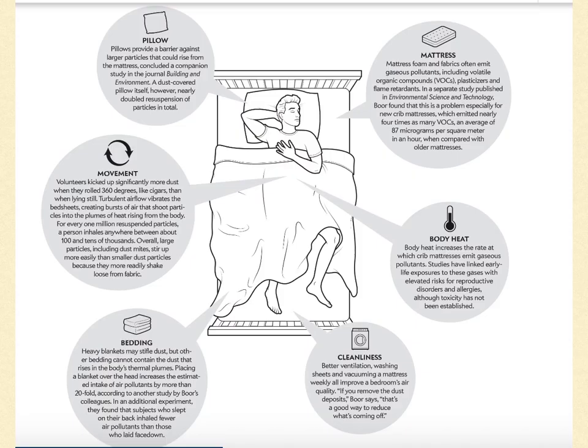And they basically show us on this little diagram that our mattress foam and fabrics often emit gaseous pollutants, including volatile organic compounds, plasticizers, and flame retardants. That this is particularly a problem for new crib mattresses for newborns. And that unfortunately our pillows are also a problem. The more we move around, the more we seem to be absorbing toxins from our mattress.